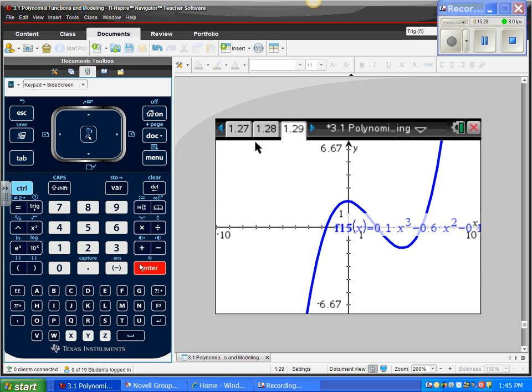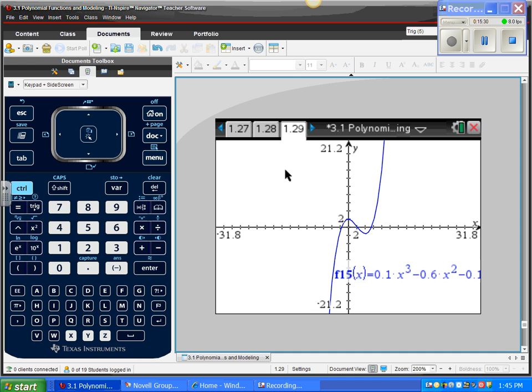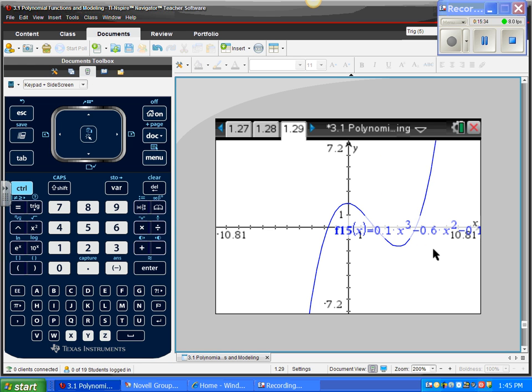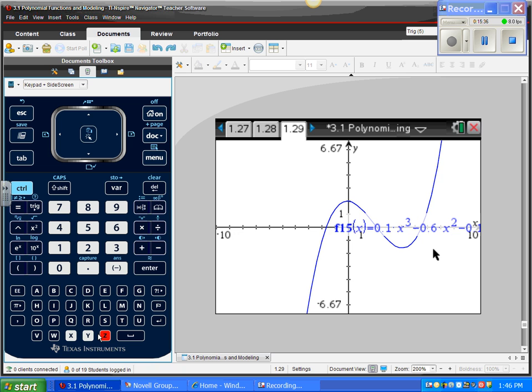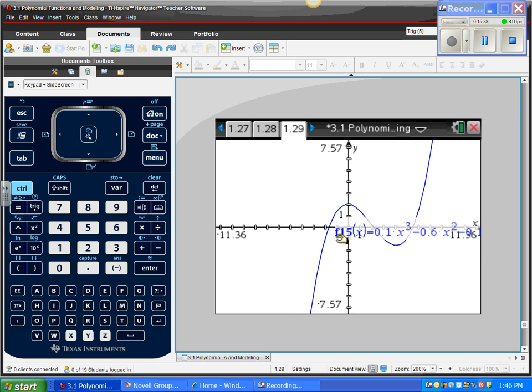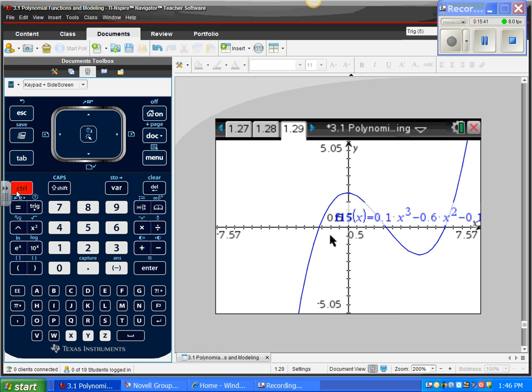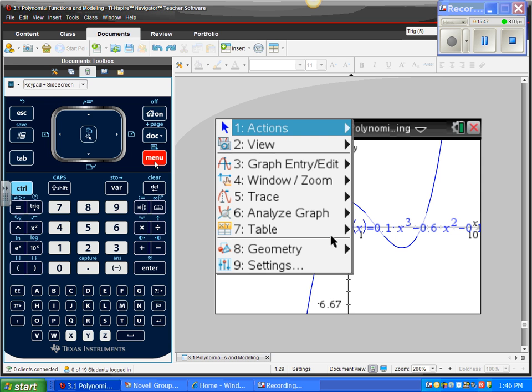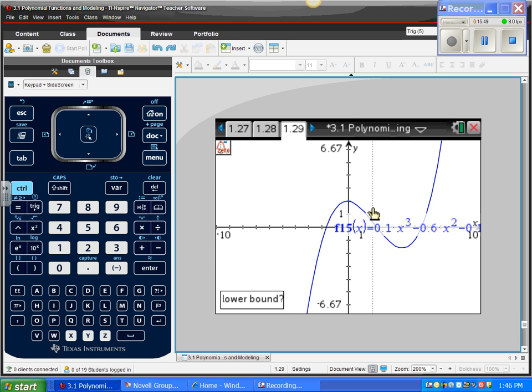Okay, so as you can see, it crosses through this x-axis 3 times. So we have 3 solutions to be had here. Okay. So what we're going to do is we're going to use one of our tools. Menu, Analyze, 0.